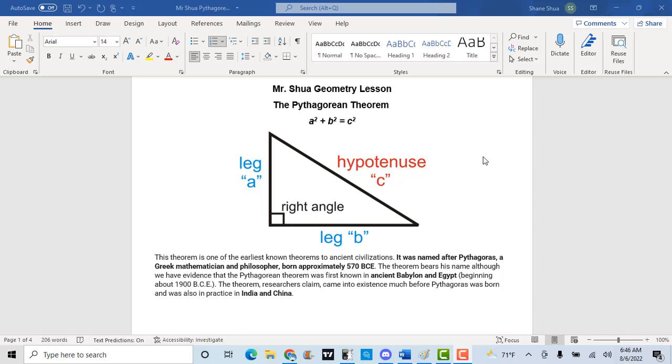So now, the Pythagorean Theorem itself is a squared plus b squared equals c squared. What does that mean? That means in a right triangle, here we have a diagram of a right triangle, the A and the B are called the legs.